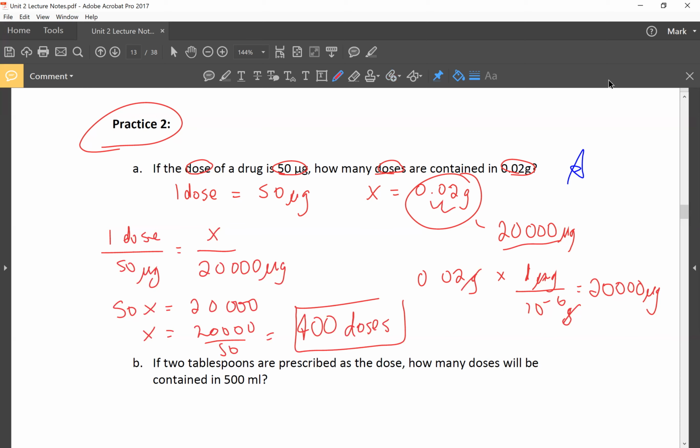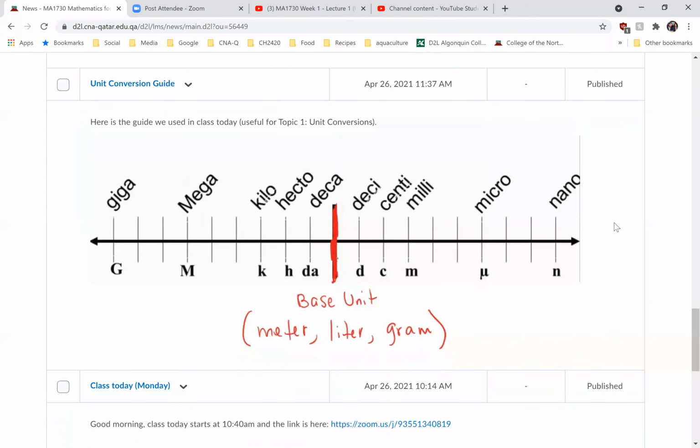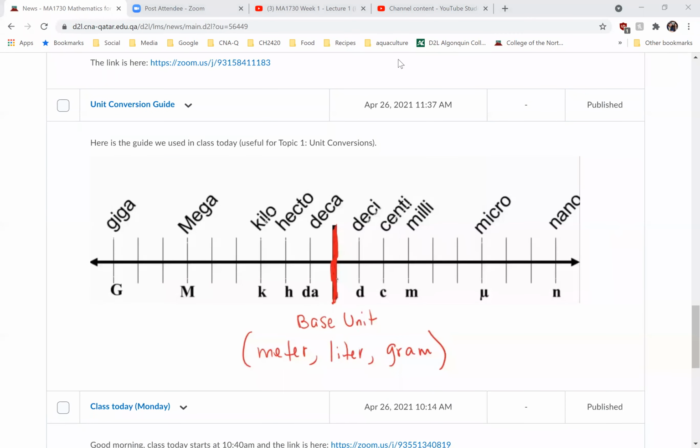Okay, so Loa asked why 10 to the minus 6. This right here is, I think, from a table in chapter 1. The idea is, if I go back, let me make sure I'm sharing my screen again. So the question was, why 10 to the minus 6? It's just a constant.